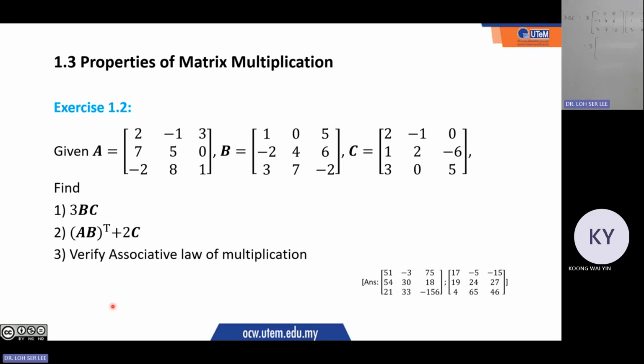For this question, I recommend you solve BC first before you multiply by the 3. If you multiply the 3 into B first, the entries of B will be larger, and it will be harder for you to do the multiplication later. The simplest way is to compute BC first before you multiply the 3 into the product.